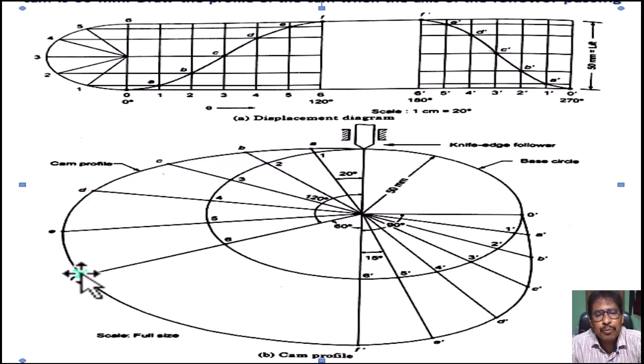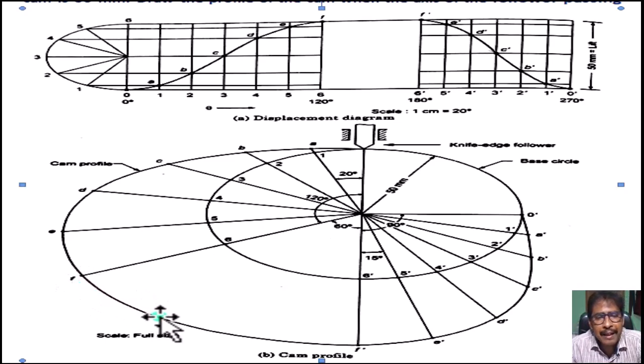Okay. Now we draw a half portion of the circle with this radius. The pencil compass pin is at this center and the pencil point is here.